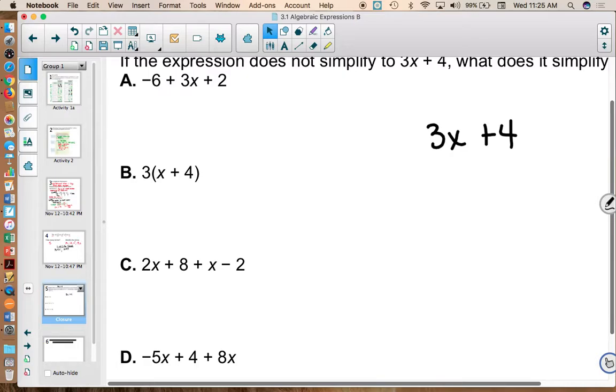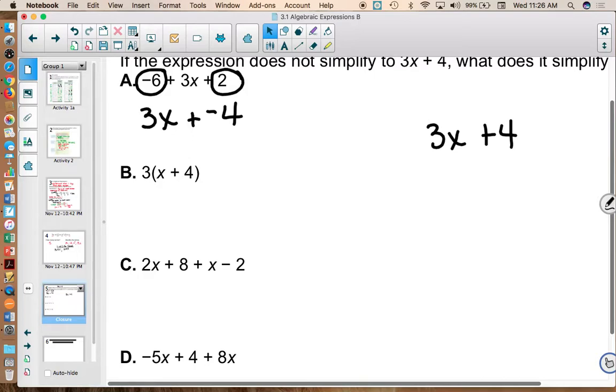What can I combine in A? What's my like terms here? Does 3x have a like term to it? No, so it's by itself. This one and this one are like terms. Do you agree? Yes. Okay. So if I'm combining them, I'm adding them together. Negative 6 plus 2. What do I get, ladies and gentlemen? Negative 4. Well, that's not it.